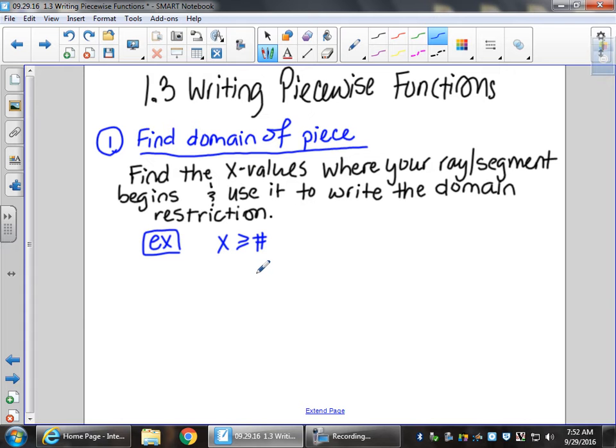So we're going to start by finding the domain of a piece. We do that by finding from the graph the x values where your ray or segment begins and using it to write the domain restriction.